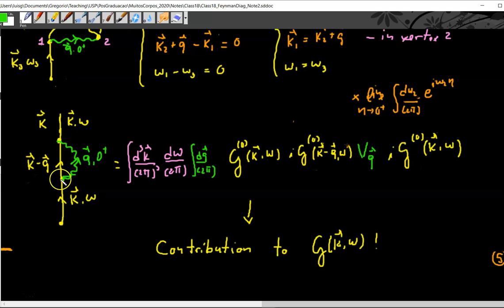And then you conserve momentum and energy at each vertex. So let's see how that works. And with that, you can construct these contributions. And of course, all you have to do is integrate now in momentum and frequency.